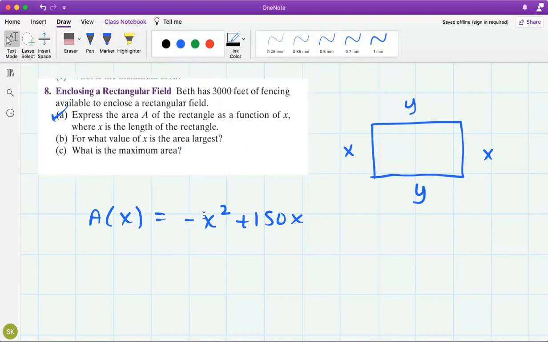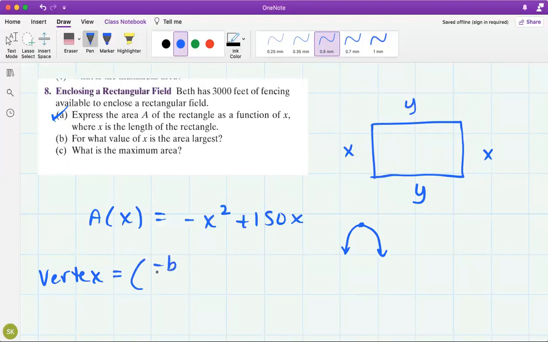Notice that we have a parabola here. The parabola is pointing downwards because we have a negative in the front. So since it's pointing downwards, the maximum of this parabola, which is what we're looking for, is the vertex. So we're going to find the vertex.